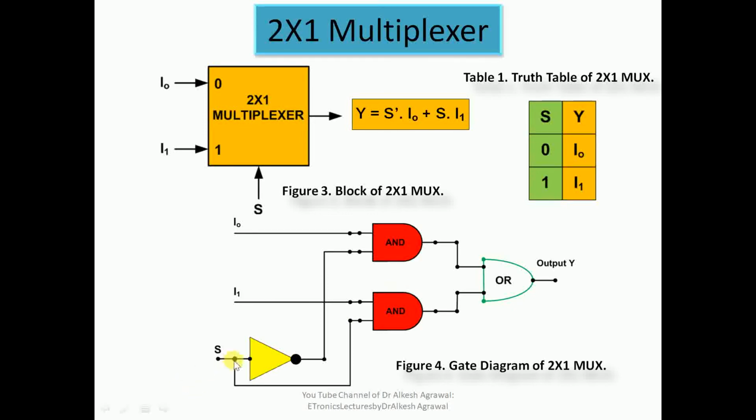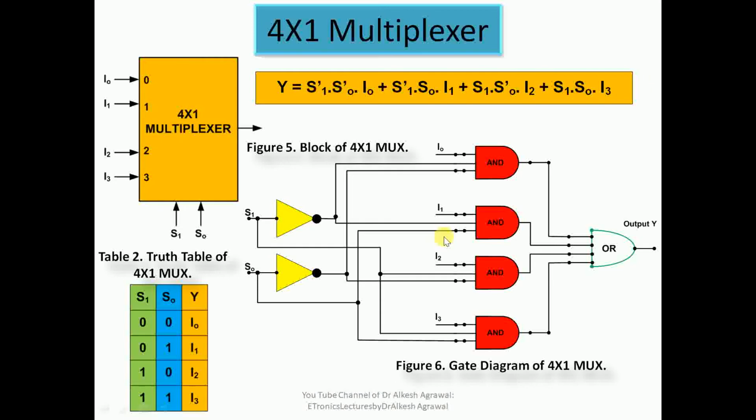When S is 0, this complement output will be 1 and this output will be 0. So this gate will be on, this gate will be off, and through this gate the I0 information will be routed onto the output. When S is 1, the value here will be 0, so this gate will be off. When S is 1, this gate is on and the I1 information will be routed onto the output.